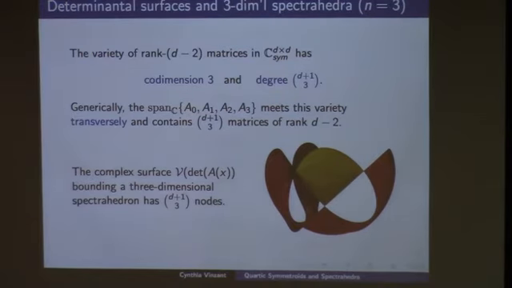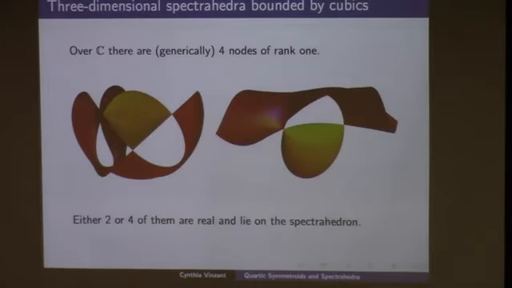So these are going to turn into nodes on your surface. Here's a determinantal cubic with rank 1 matrices. And so we can try to understand these things. So let's start with cubics.